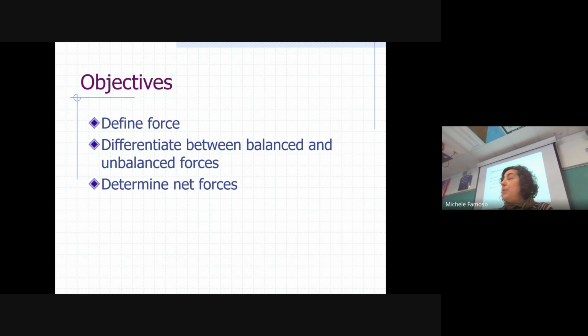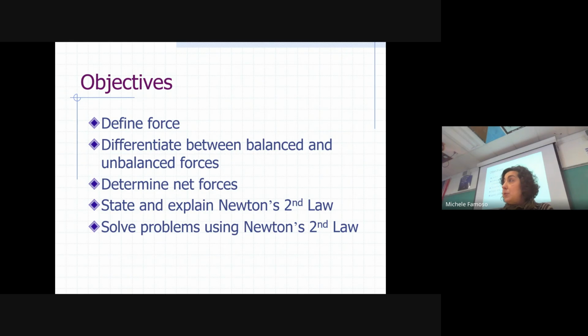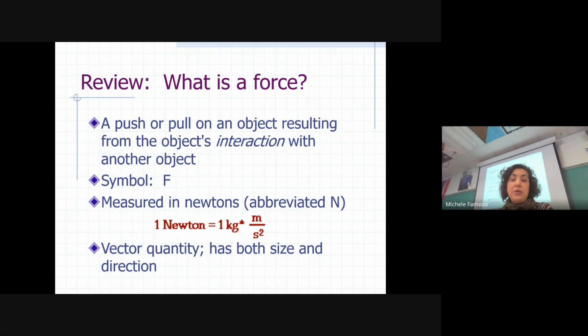I'll ask you to determine the net force acting on an object, which again is review. You should be able to do that on a free body diagram. You should be able to state and then explain Newton's second law. That's new. And then solve problems with Newton's second law. And then in order to solve these problems, you will most likely need to draw a free body diagram. So, of course, you'll have to be able to do that.